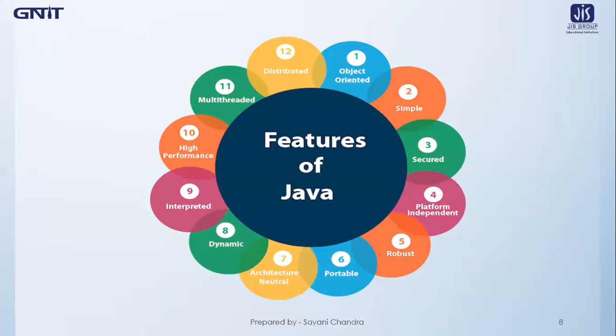So basically there are 2 points. The first one is memory management scheme in Java, and the next one is exception handling scheme in Java. We all know that in order to run any program in any languages, some memory should be allotted.